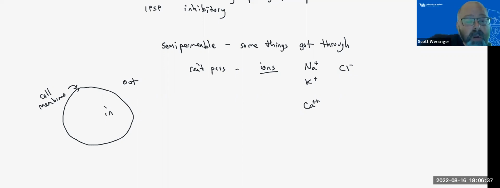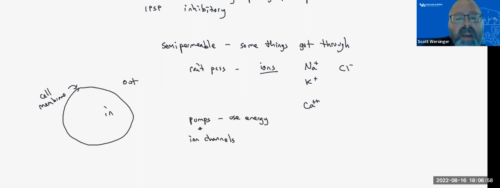We can control the flow of ions and the concentration of ions through pumps and ion channels. Pumps use energy and go against the concentration gradient.